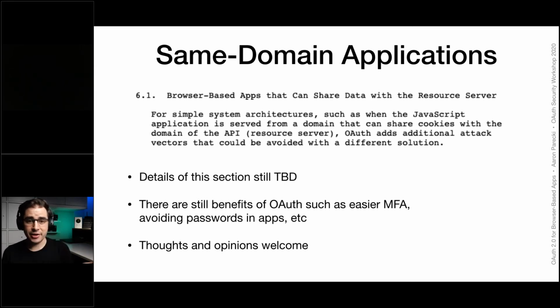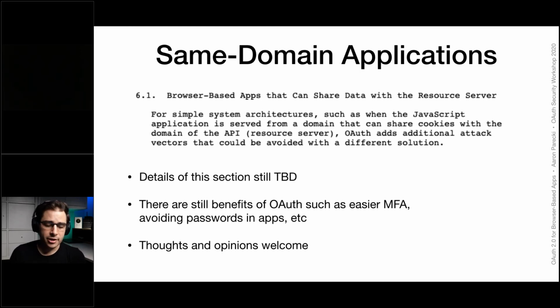So I'm curious to know if anybody has done anything in this kind of architecture where *.example.com hosts both the authorization server and the JavaScript app. If there's anything there that we could learn from and document as best practice. So definitely looking for feedback on this one.